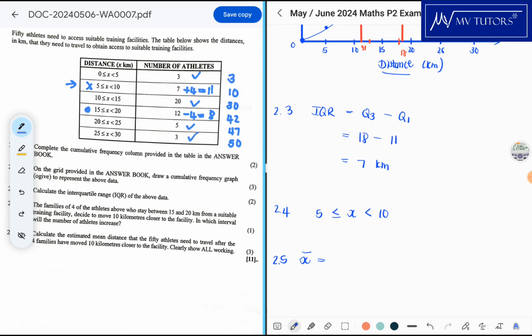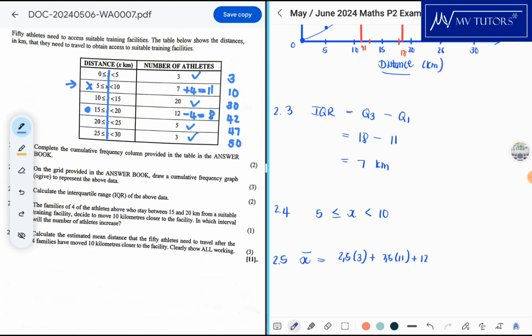In terms of calculating the estimated mean distance, we're going to have to take the middle, the average, between 0 and 5. Those are the middle terms. You can't use 0 and then use 5, you just take the average. So between 0 and 5, you're going to have 2.5, and we're going to multiply that by 3. Then between 5 and 10, we have 7.5 multiplied by 11.